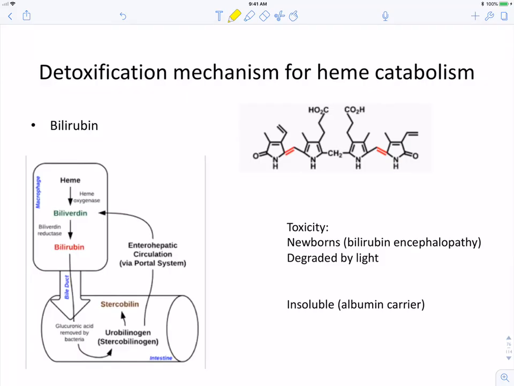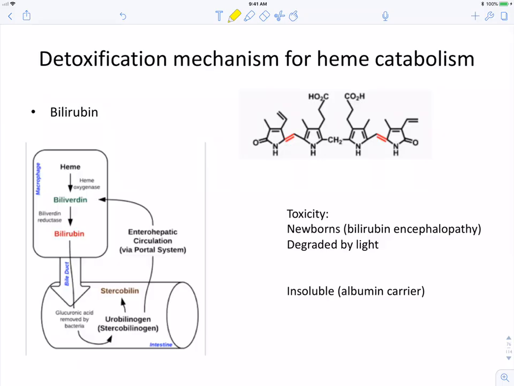This is a very important enzyme because it turns out that it's one of the main detoxification mechanisms for heme catabolism. Heme here is oxidized to biliverdin and then to bilirubin.